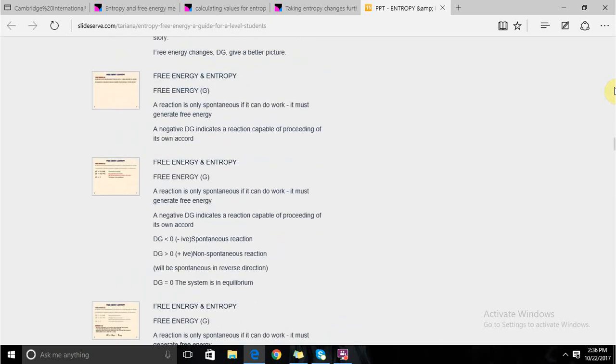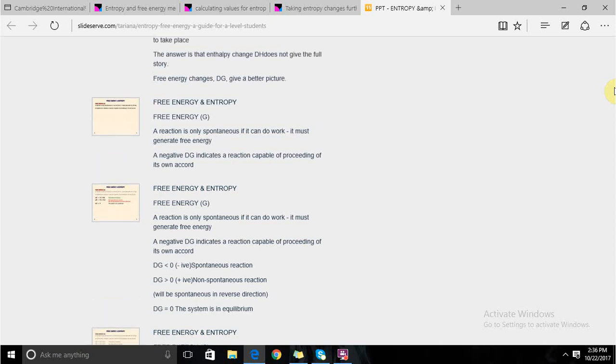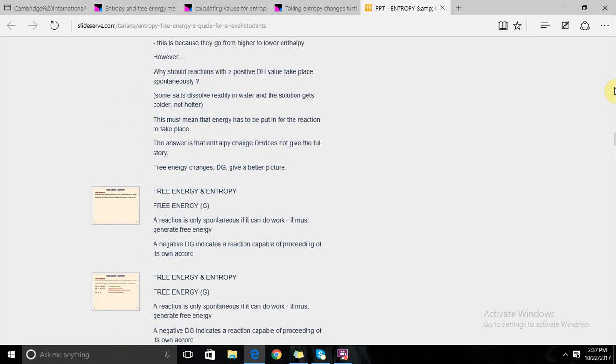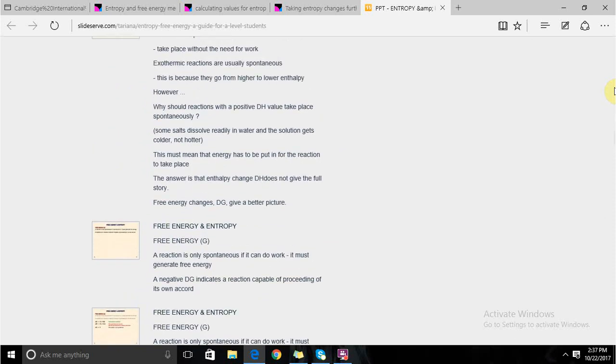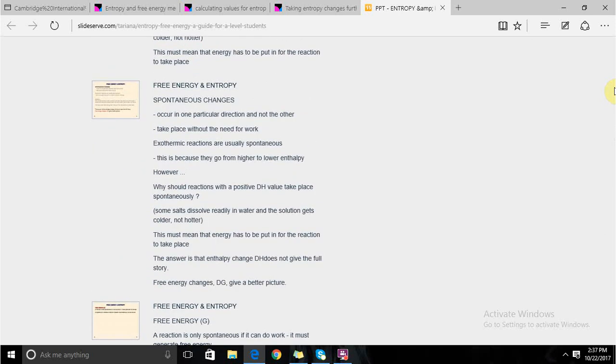A reaction is only spontaneous if it can do work, and we'll talk about this later. Exothermic and endothermic: even if something happens to be endothermic, meaning the surroundings have a negative value, if the positive value of the system is high enough, we would still get an overall positive value.